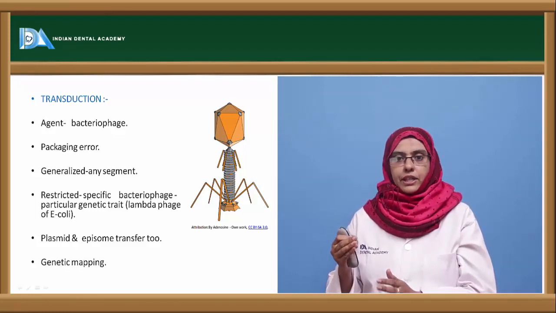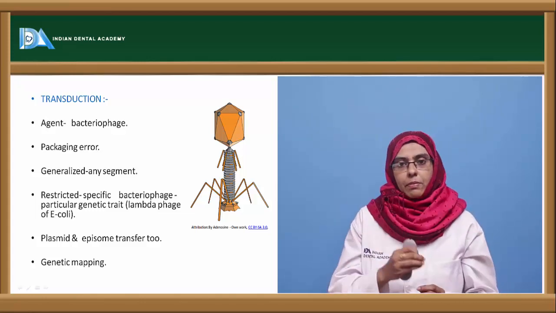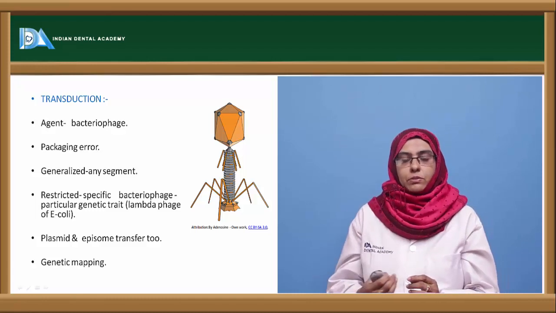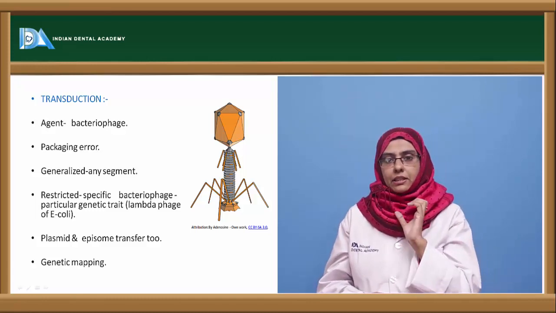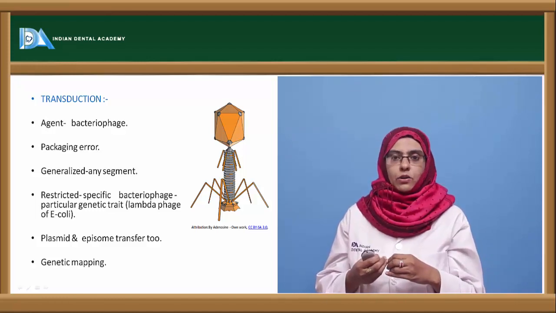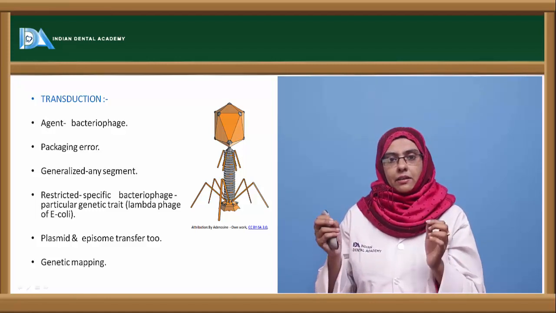Now this prophage, while coming out from the bacterial chromosome, can take a part of the bacterial chromosome. So when it is taking a part of the bacterial chromosome, it is called specialized transduction, because while getting incorporated in the bacterial chromosome, they get incorporated between two genes, which are called gal and bio genes.